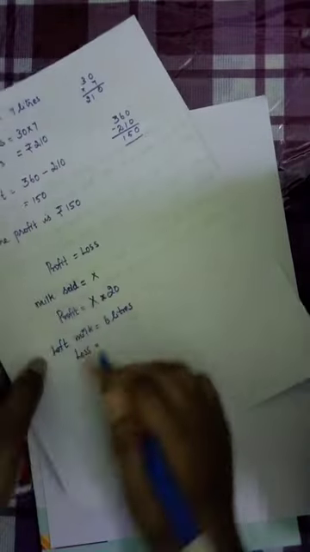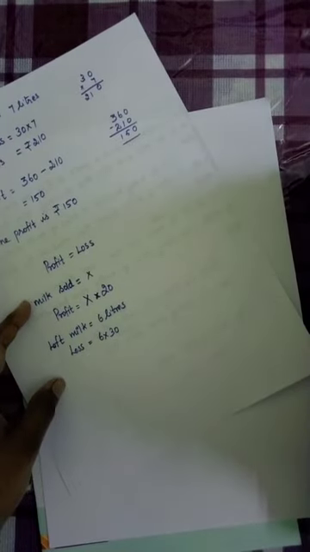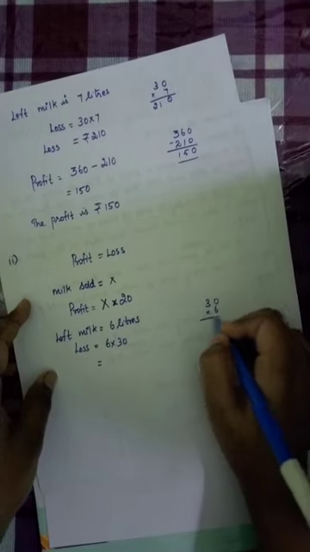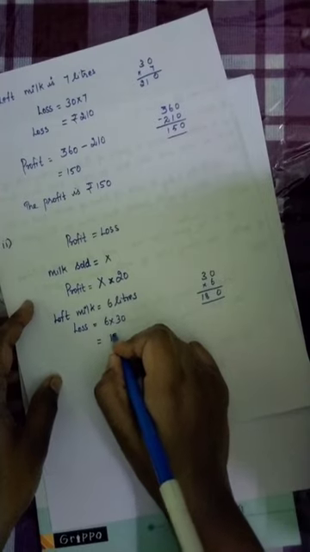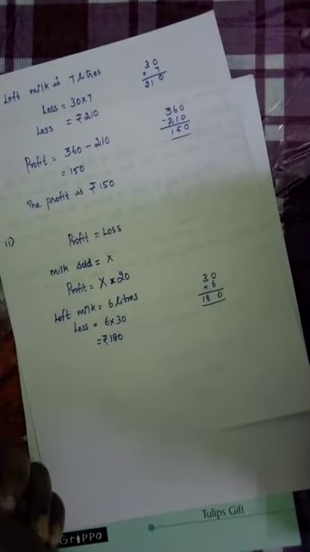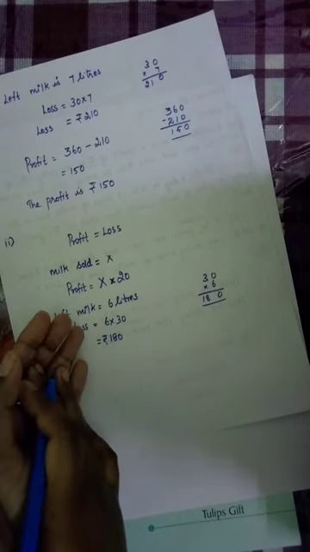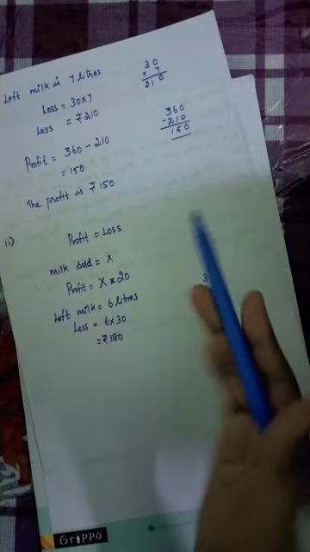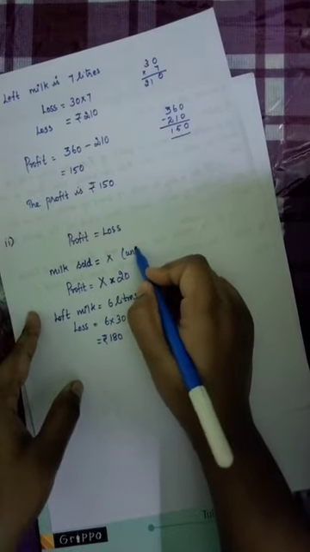Here it is 6 liters, so 6 into 30. Just multiply both numbers. 30 into 6: 0, then 6 times 3 is 18. So it is 180. So we know the loss is rupees 180, but we don't know the profit. Why? Because we don't know how many liters of milk the milkman sold. So take it as X.